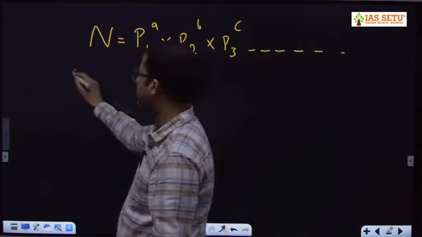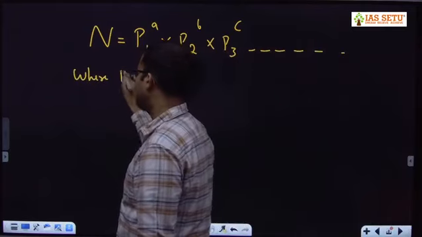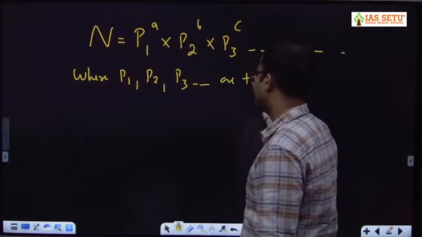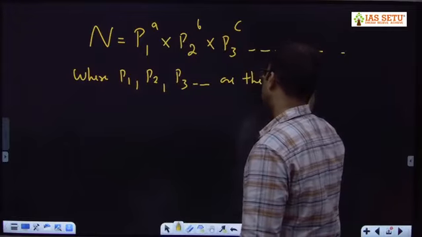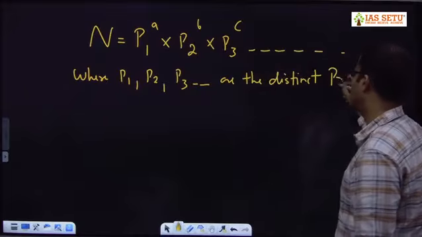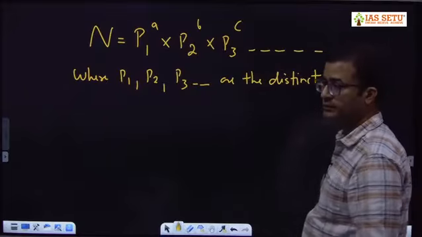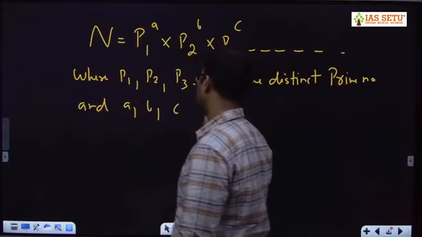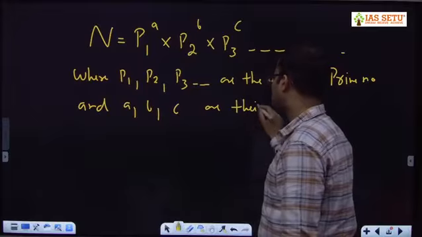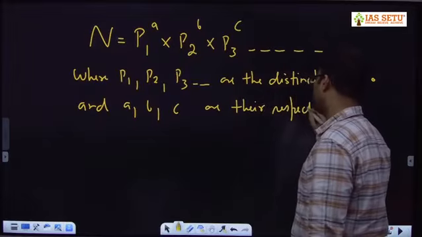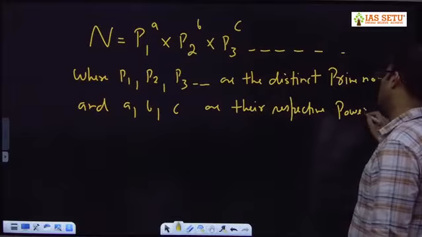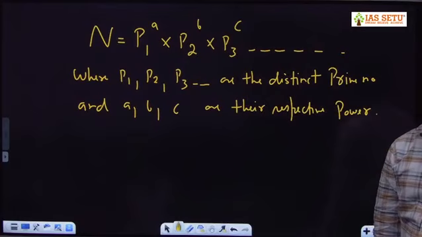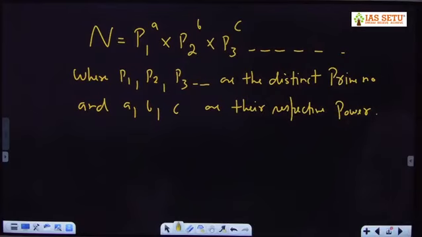This is called prime form, where P1, P2, P3 are the distinct prime numbers and A, B, C are their respective powers.